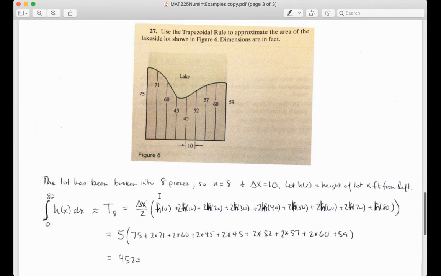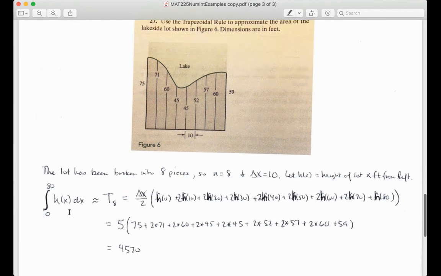And so according to the trapezoid rule, the integral from 0 to 80 of h of x dx is going to be 10 over 2, which I've written here as 5. And then I just take the heights, multiply the interior values by 2, and multiply the 2 endpoints by just 1. And I punch this into my calculator, and I get that the lot has approximately 4,570 square feet.